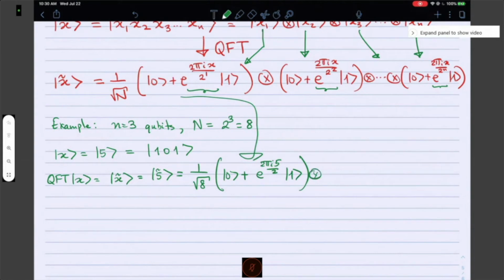Tensor product. For the second one, I have 0 plus e to the 2 pi i 5 over 2 to the power of 2. And for the third one, I have 0 plus e to the 2 pi i 5 over 2 to the power of 3, which is 8. That's it. That's really all it is.